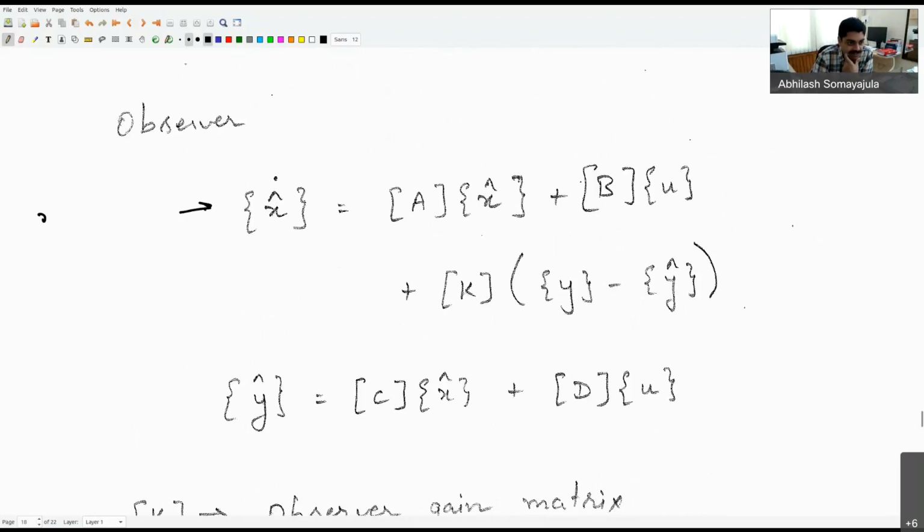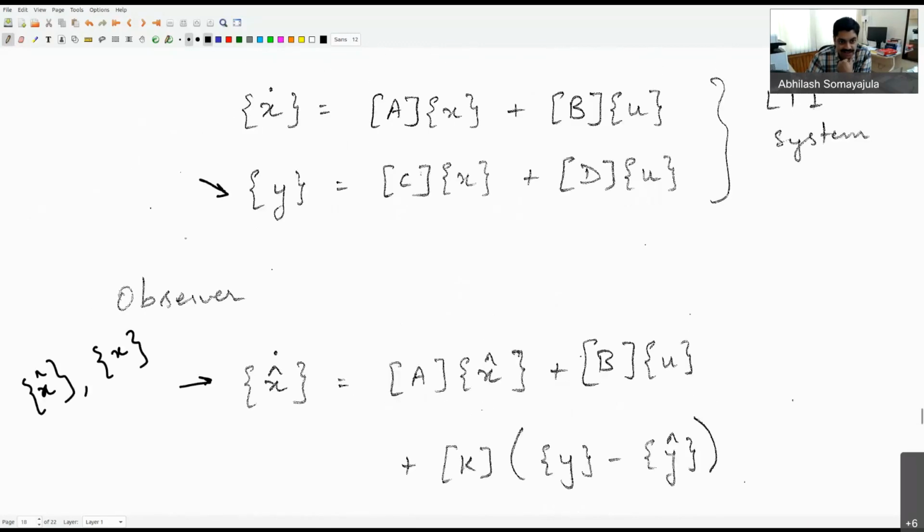I'm representing my estimated state as X hat, and I'm differentiating that from my actual state X. I do not know the actual state. I'm only trying to get the best estimate X hat from my measurements Y. So the idea is that I know Y. These are measured.